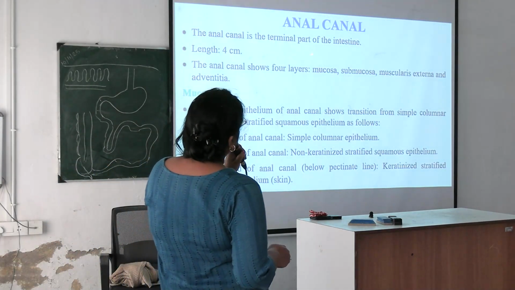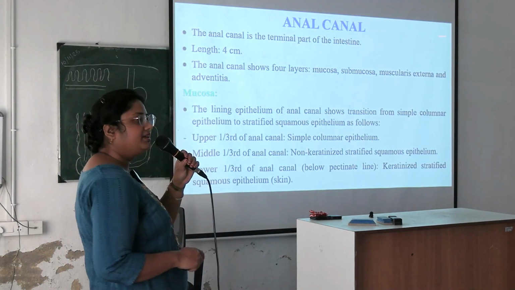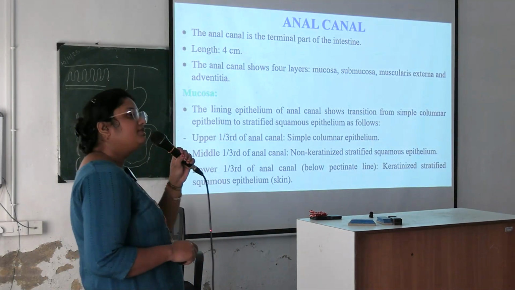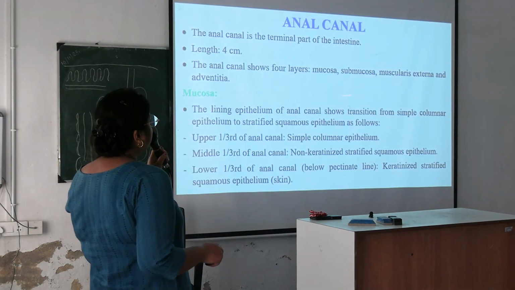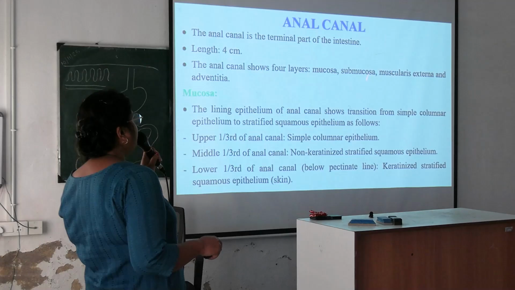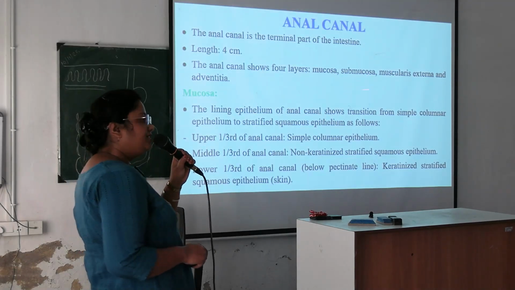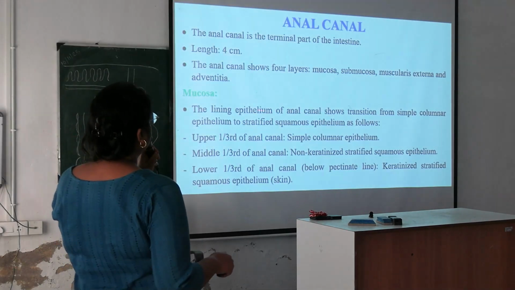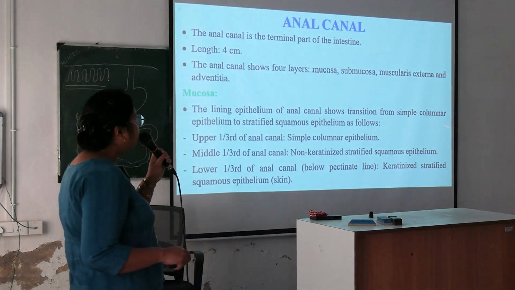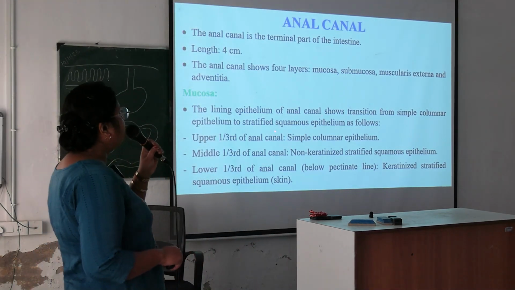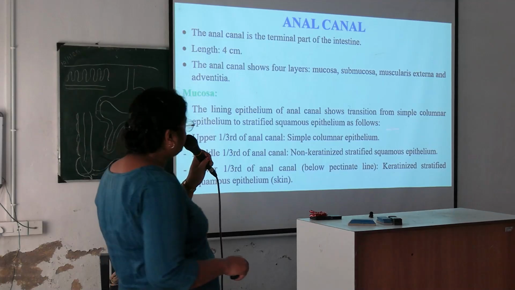So the anal canal is the terminal part of the intestine. It is 4 cm in length and it shows 4 layers: mucosa, submucosa, muscularis externa and adventitia. Mucosa, the lining epithelium of the anal canal, shows transition from simple columnar epithelium to stratified squamous epithelium.